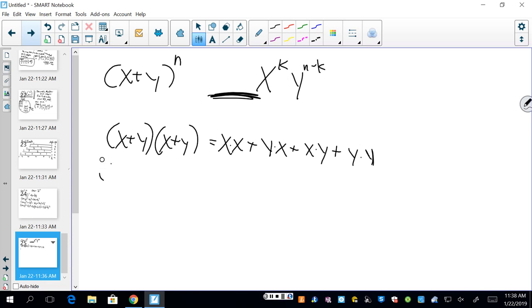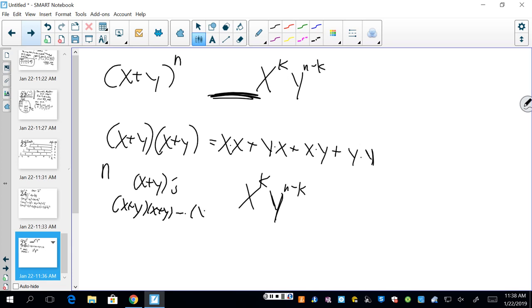If you have n x plus y's together, you get x to a power and y to a power. And each one of these, x plus y, up to x plus y, n times, each one contributes either an x or a y. So how many ways can we get k x's and n minus k y's?